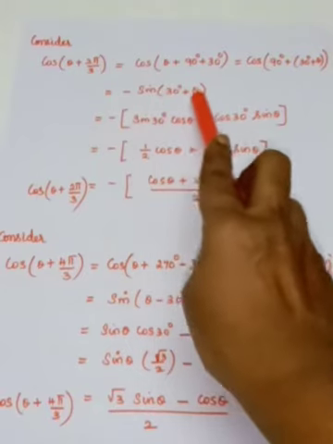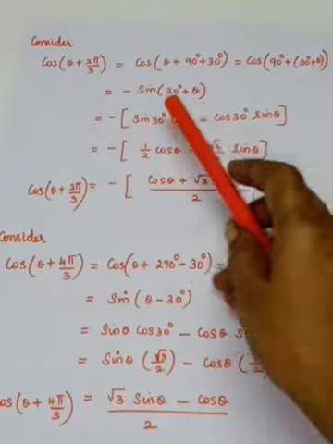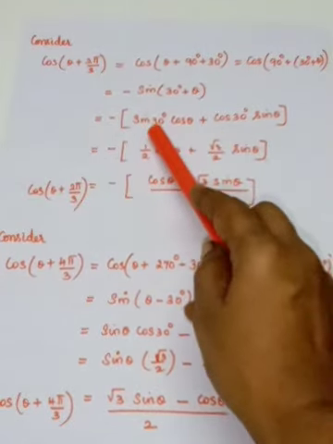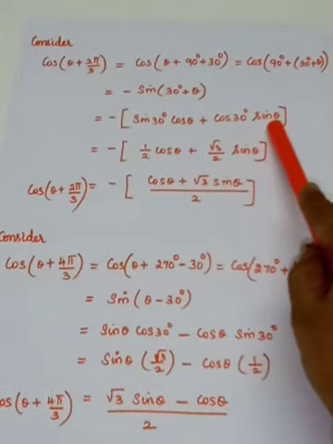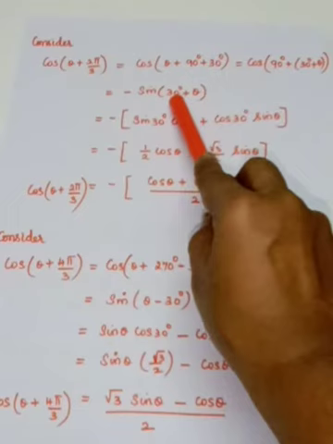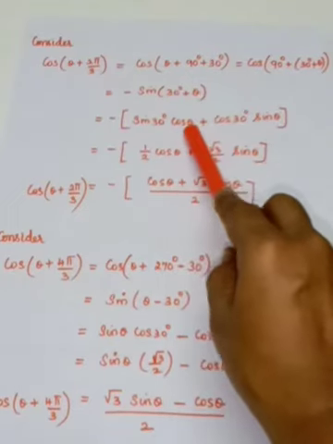Now it is in the form of sine of alpha plus beta. Use the trigonometric identity: sine of alpha plus beta is sine alpha cos beta plus cos alpha sin beta. Here in the place of alpha you have 30 degree and in the place of beta you have theta.